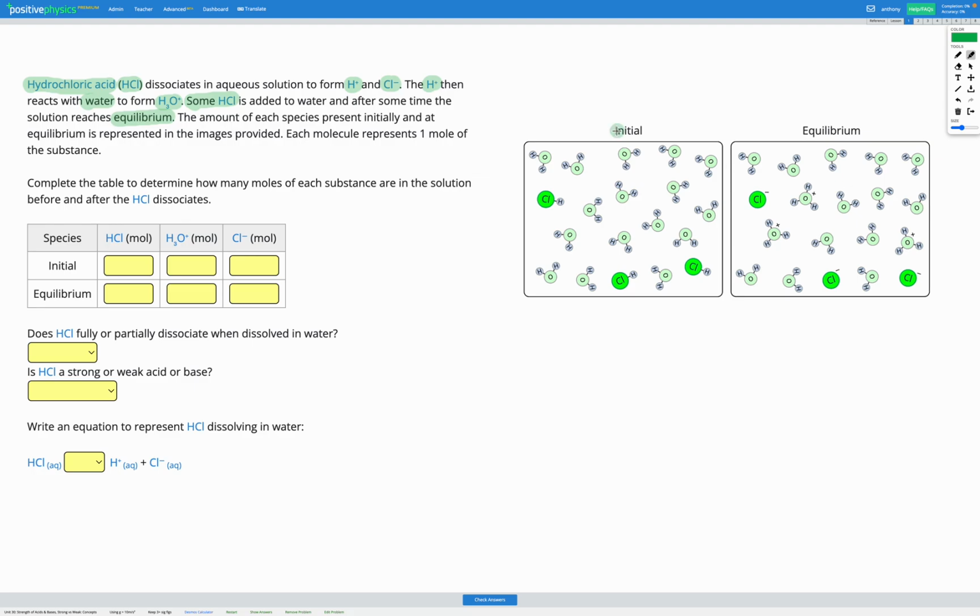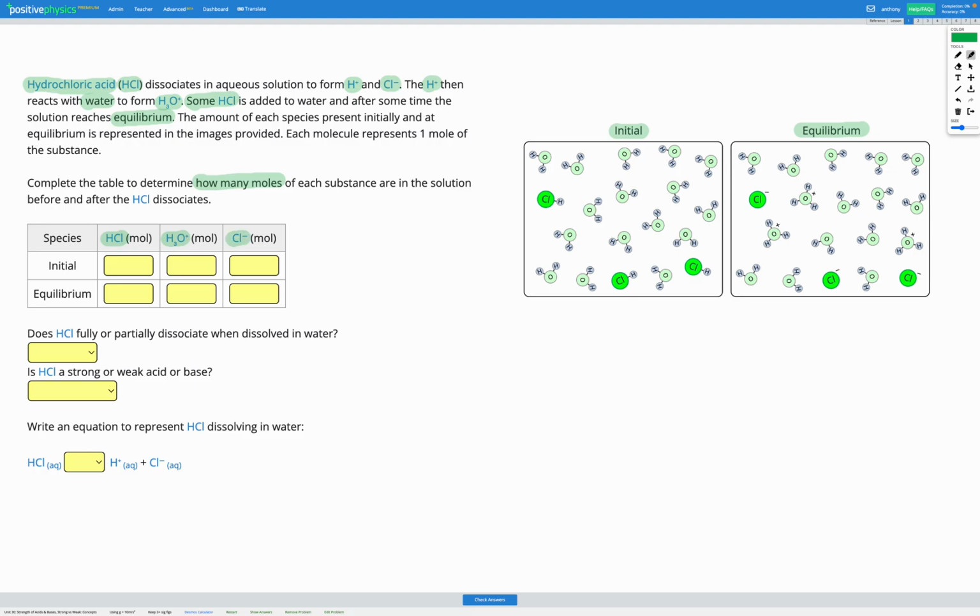So we can see we have our initial and equilibrium representations of what's going on in our solution. We're asked to complete the table to determine how many moles of each substance are in the solution before and after the HCl dissociates. So the 3 things we're looking at are HCl, H3O+, and Cl-.